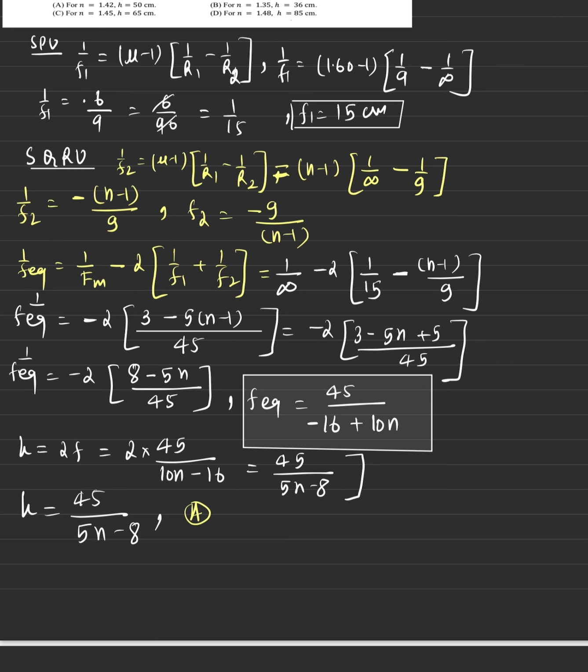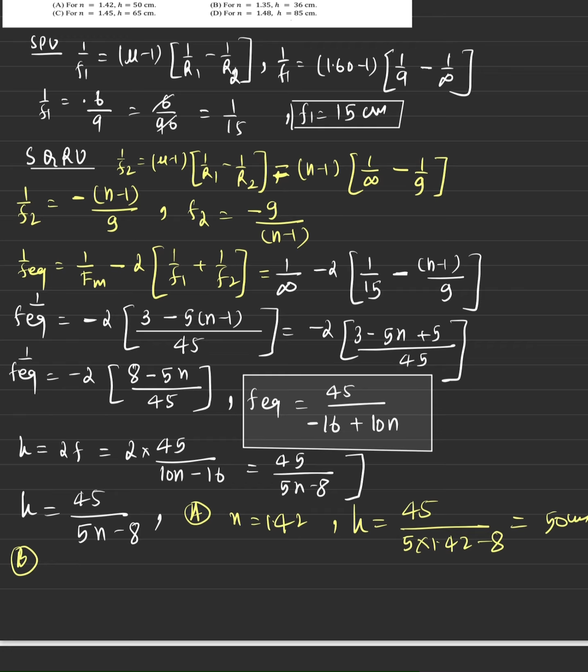If we put the value of N as 1.42, then h becomes 45 divided by (5 times 1.42 minus 8), and we will find this becomes 50 centimeter. So this is the correct option. Option A is correct.